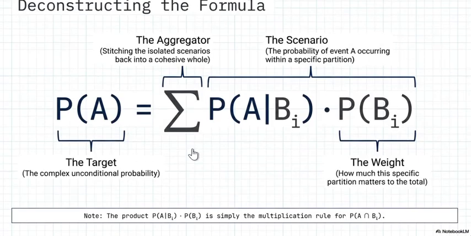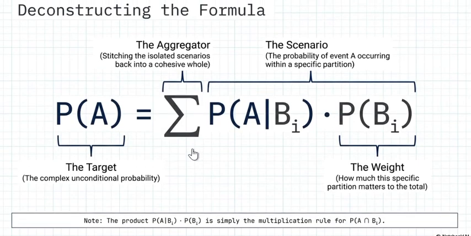Next thing is the law of total probability. It says that you just sum over all the partitions: the probability of A given we are in scenario Bi, and the probability of being in scenario Bi. This is the weight, and the product is the multiplication rule, which gives A intersection Bi.